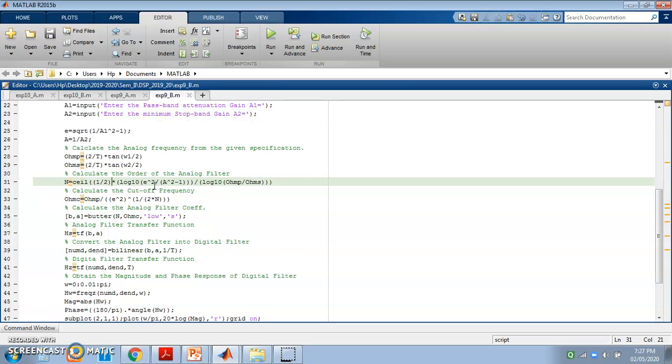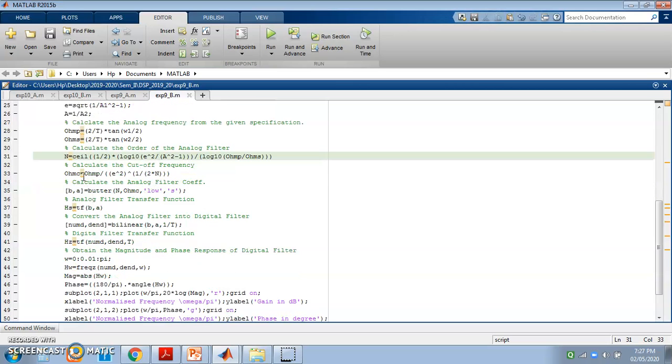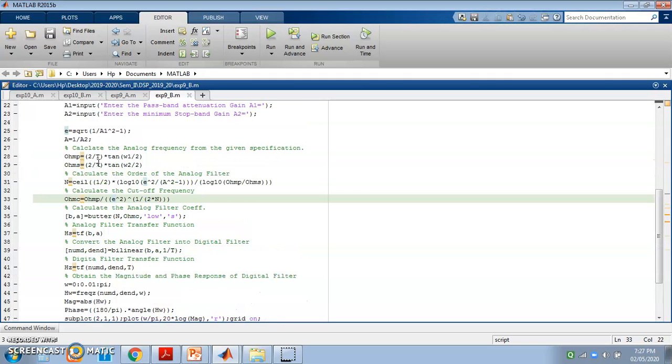So this term is mentioned over here, and once I know the order of filter, we have to calculate the cutoff frequency. So again omega C is equal to omega P divided by E square raised to 1 by 2N, where E is nothing but SQRT of 1 upon A1 square minus 1. So this repetition is avoided over here simply by assuming E is equal to the right hand side.